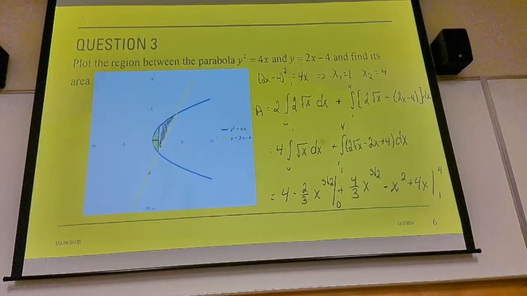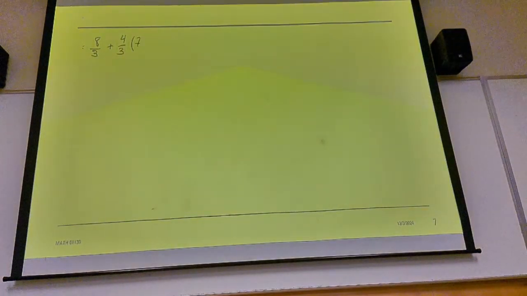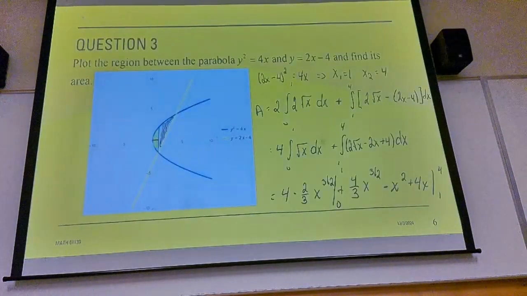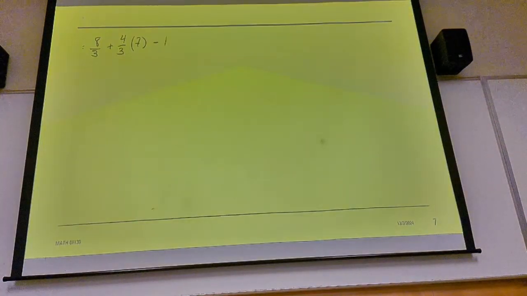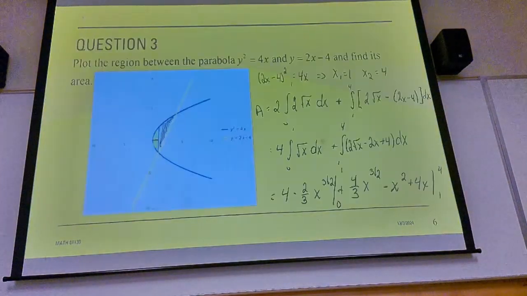Square root of 4, and then cube it. What is 1 to the 3 halves? Well, that's easy. 1. 8 minus 1. Minus, what is 4 squared? 16. Minus 1 squared? 4 times, or just 4 minus 1 is 3.